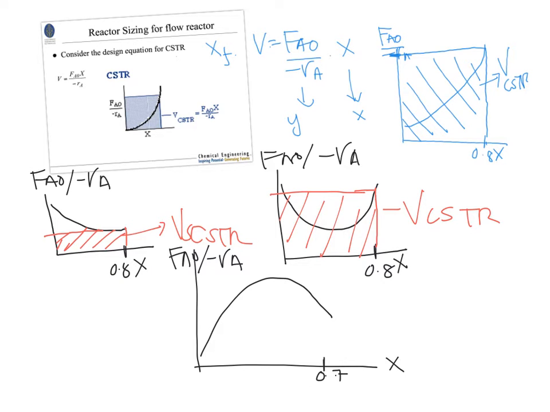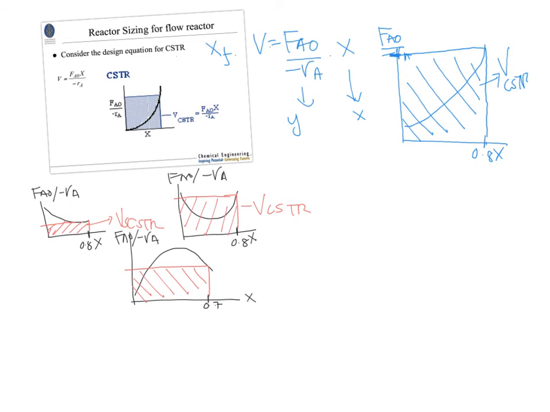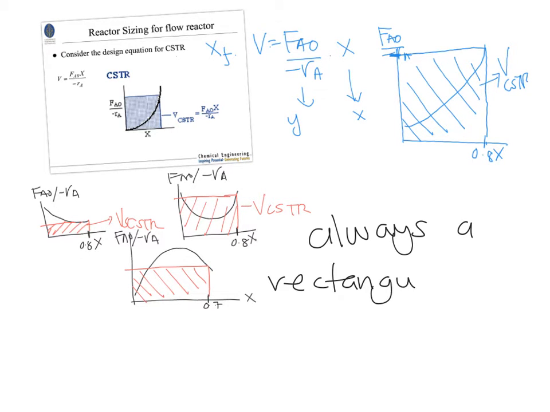So for your CSTR volume, from 0.7 you still touch the plot and hit the y-axis. So this will be your volume of CSTR. It means that the CSTR volume must always be a rectangle or square.